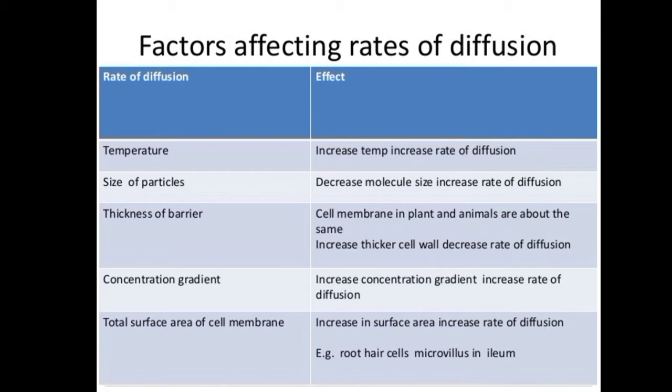And diffusion pressure gradient means the difference in diffusion pressure determines the rate of diffusion. The rate of diffusion is directly proportional to the difference in the concentration of the molecules in two regions, and that is known as the diffusion pressure gradient.